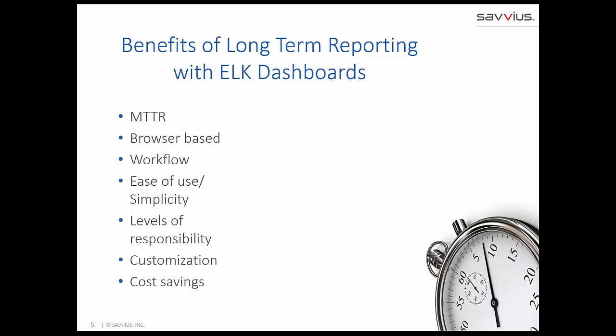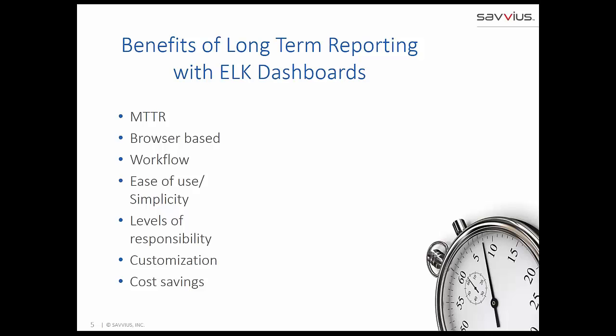The dashboards, as you'll see, if you haven't seen them before, are very easy to use, and it's in a browser so you can see them from anywhere. Workflow. It does add a level of workflow to the whole process that you may already be used to with our products.